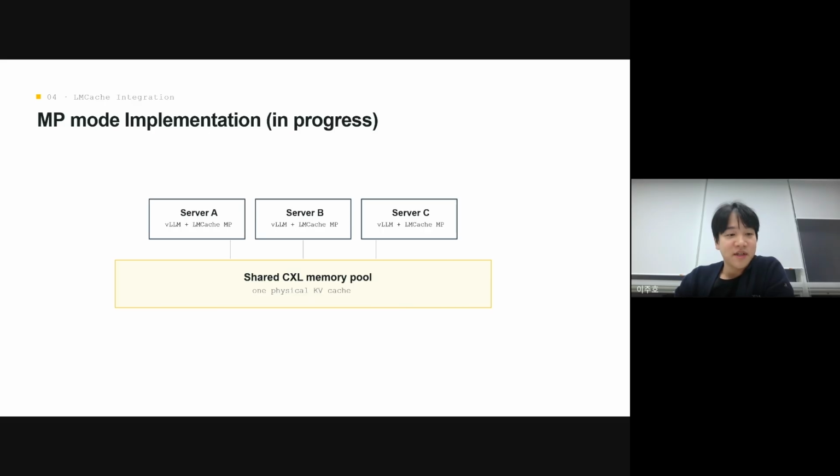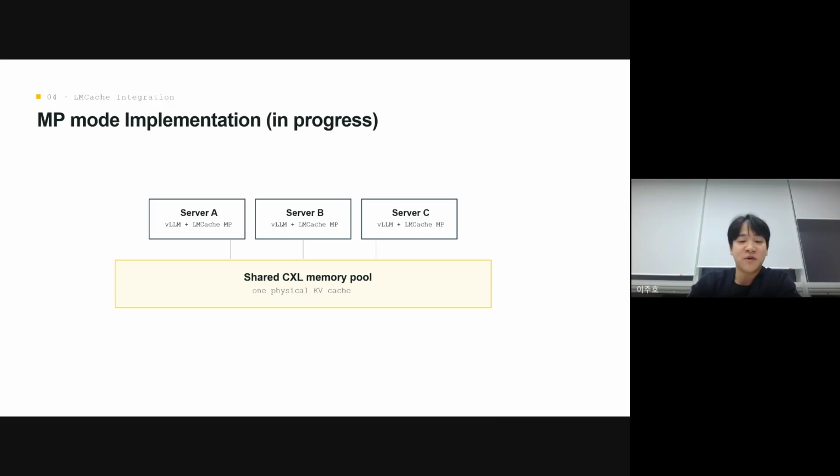For multiprocess mode, we are now working on taking it beyond a single node. Maybe we can share all KV cache with zero copy between multiple LMCache multiprocess instances across servers. One centralized shared CXL pool and one physical KV cache copy that every server can access directly.